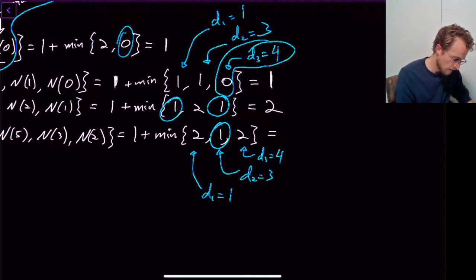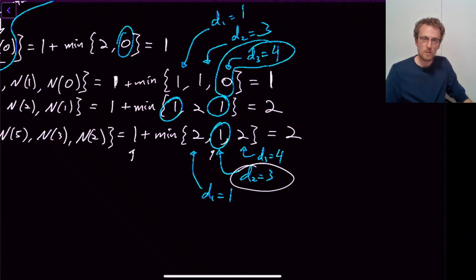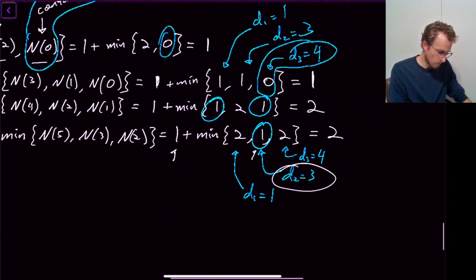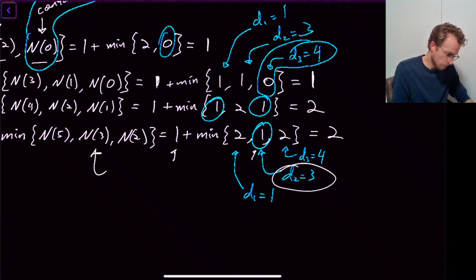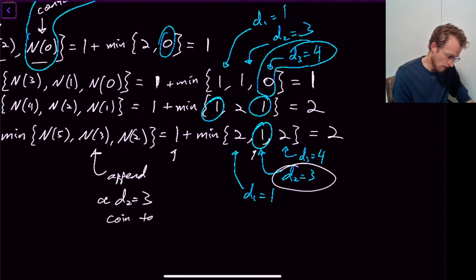And so in the end, we just do the math, and we have this coin plus that coin gives us 2 coins. And because it was the 3-cent coin that gave it to us, what we're going to do is append a 3-cent coin, a D2 equals 3 coin, to optimal change for 3.